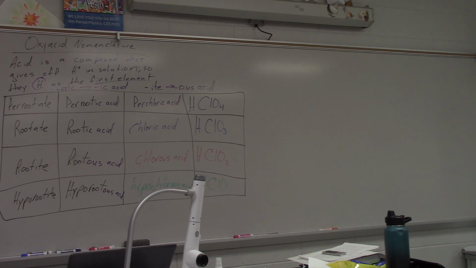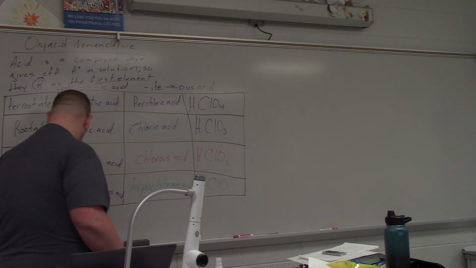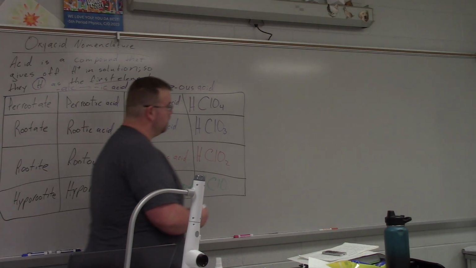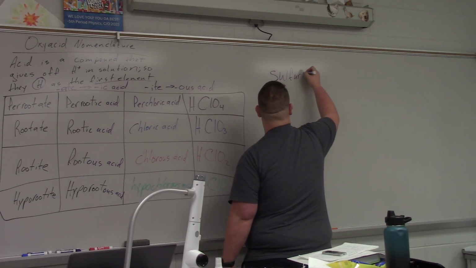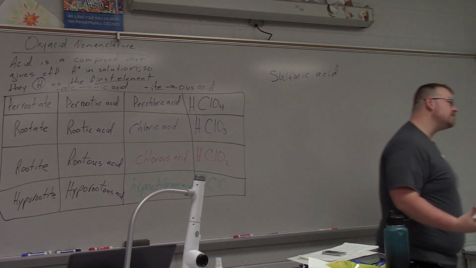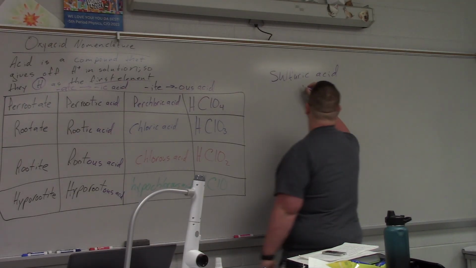So how is this useful to us? Let's say you have some sulfuric acid. I use this one as an example because it's the one that doesn't exactly follow the rule because we have to put the sulfur root back. But sulfuric acid, take the ic acid away.